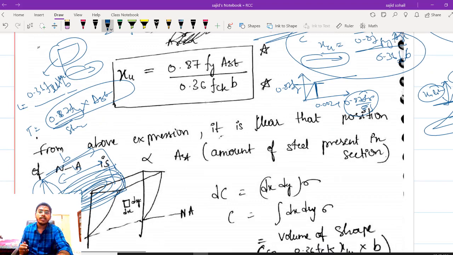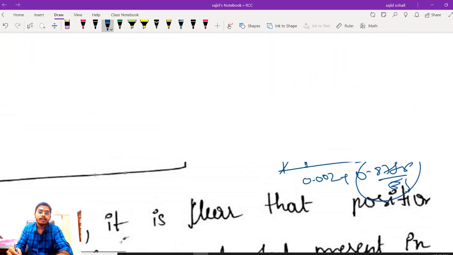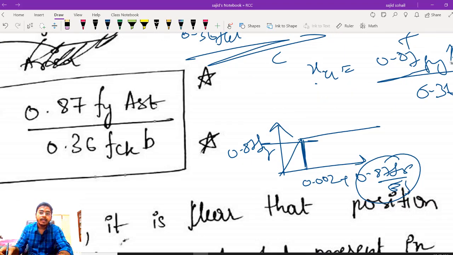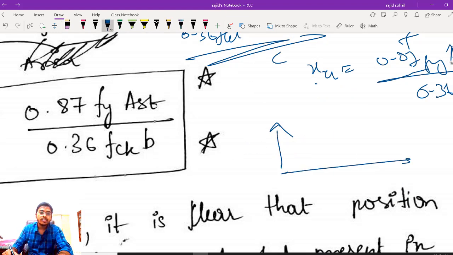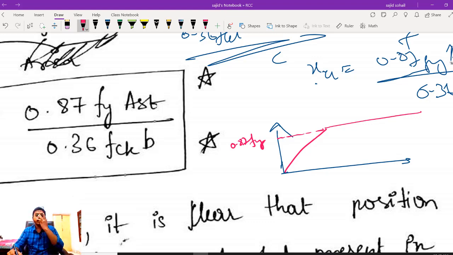Because in over reinforced what is happening, let us try to understand. Same diagram. In over reinforced you are having more amount of steel. So let us draw our stress strain diagram, how it will be looking. Idealized stress strain diagram like this, and this is corresponding to my design stress 0.87 Fy, right?